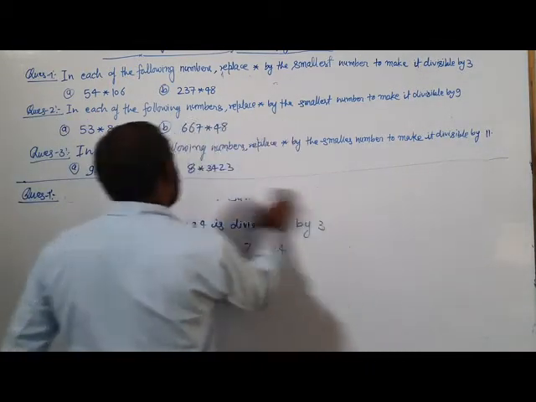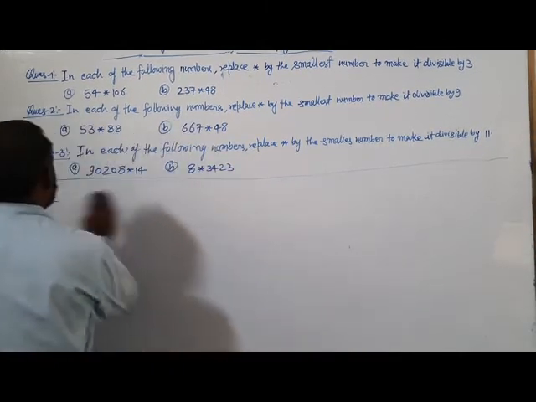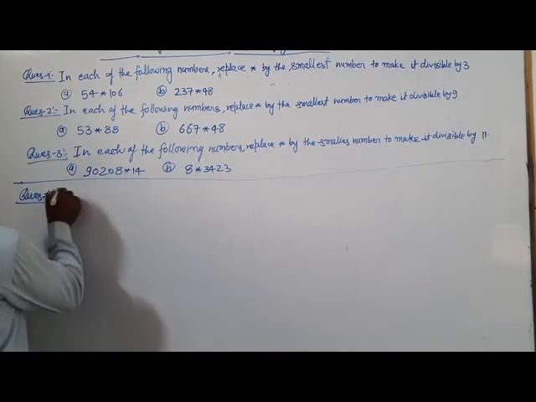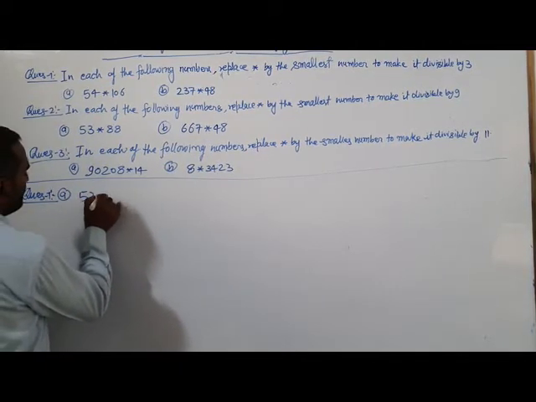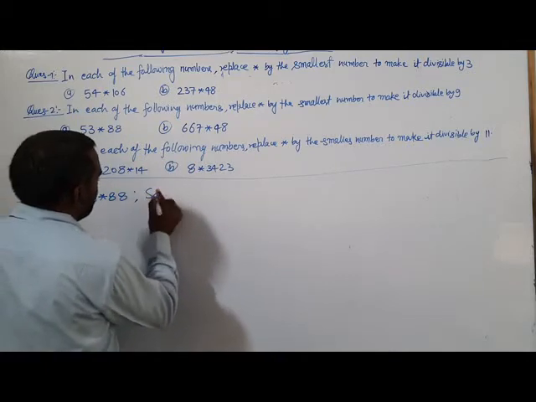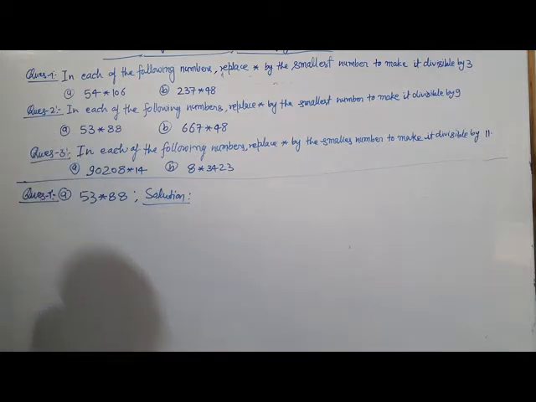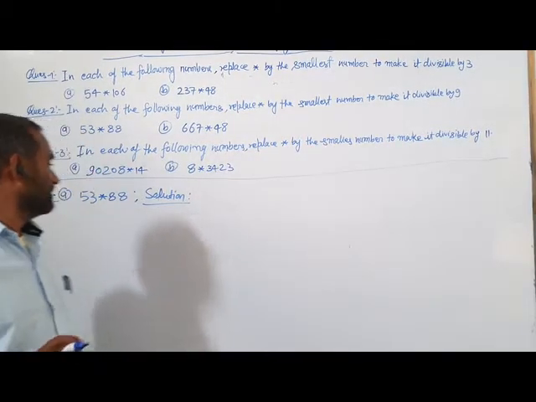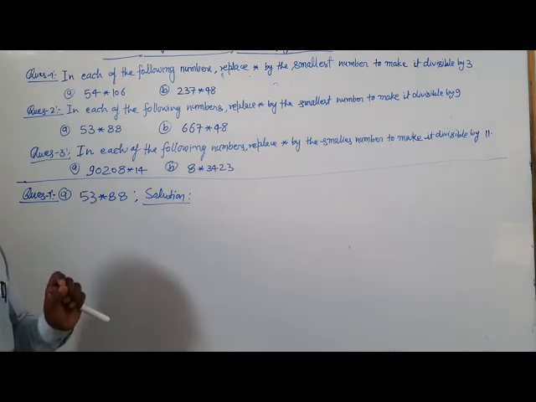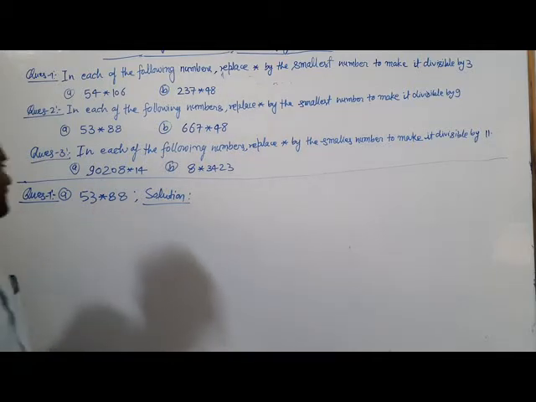Let's solve question second. Question second, the divisibility of 9: 5 3 star 8 8. Solution. We know the divisibility rule of 9: if the sum of digits of the given number is divisible by 9, then the number is also divisible by 9.